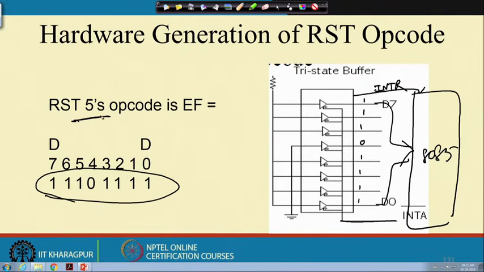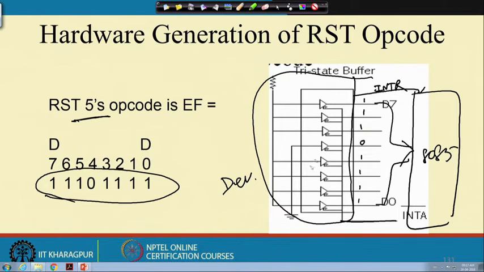So, what happens is, when the device gives an interrupt and the processor gives interrupt acknowledgement, these tri-state buffers within the device are enabled. This whole thing is inside the device. So, when the interrupt acknowledgement comes, the device can very easily put this bit pattern 11101111 onto the data bus.